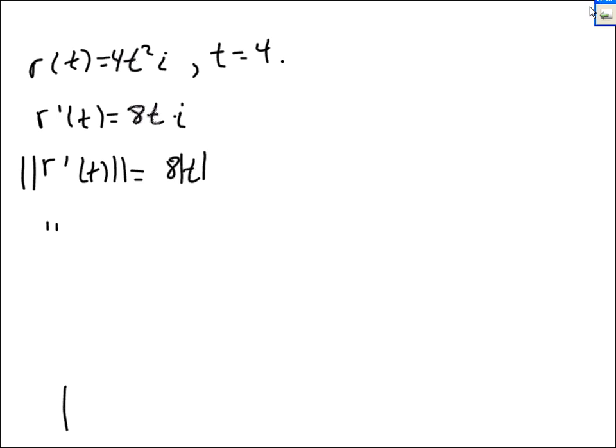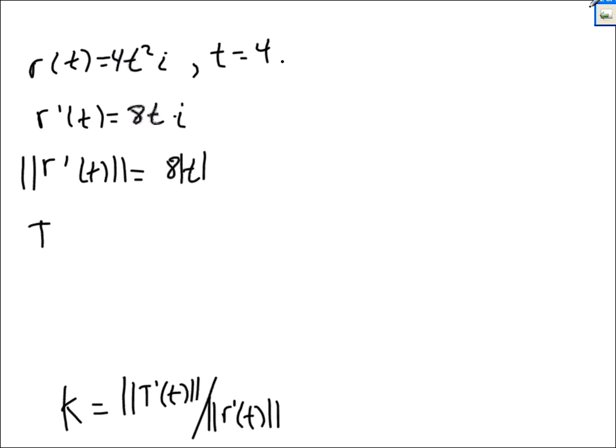And remember, the curvature is the length of T prime of t divided by the length of r prime of t at a particular value. Possibly things will cancel out, so we don't have to do any substitution.